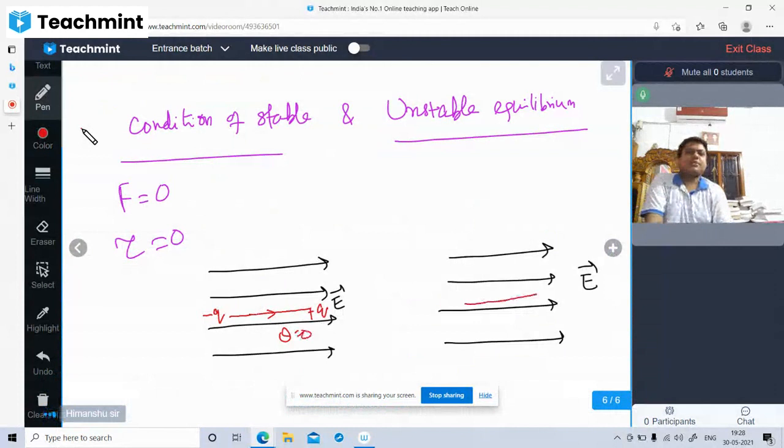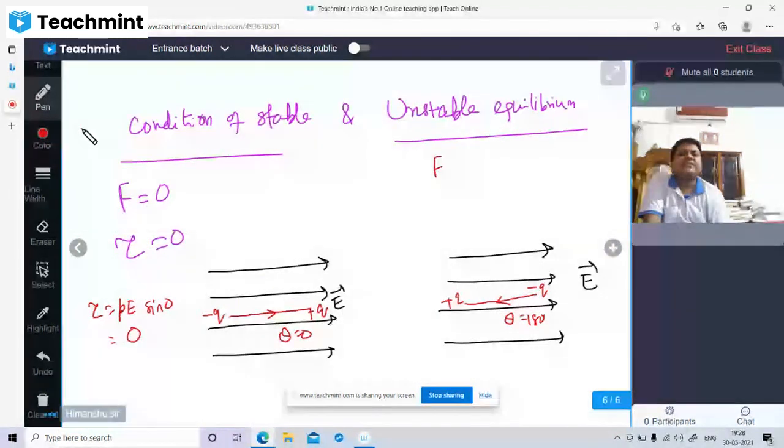Here is minus q, plus q, theta is equal to 180 degrees. So here tau is equal to P sine theta, sine 0 is 0. So tau is 0. Here also sine 180 is 0. So F is 0, tau is 0.